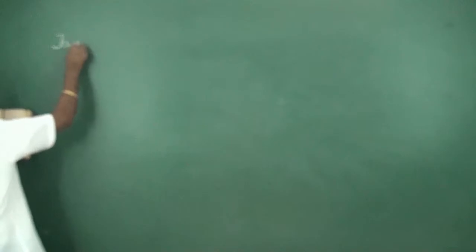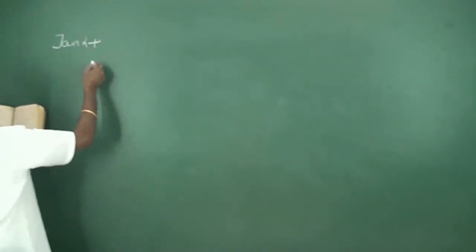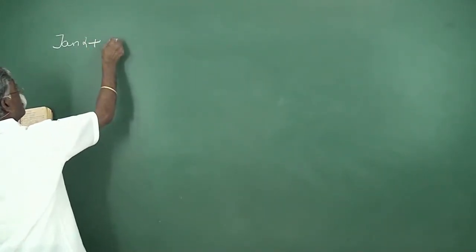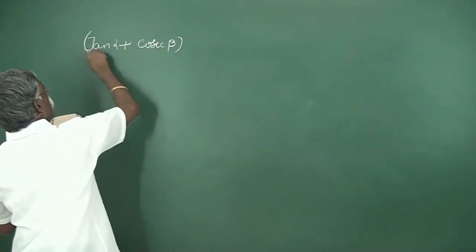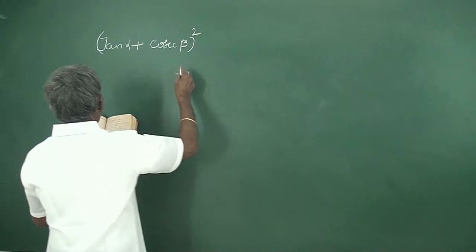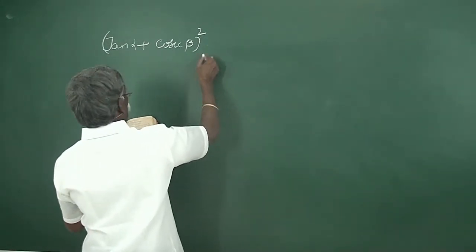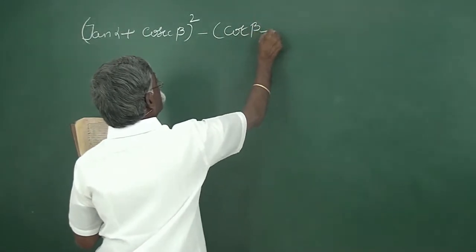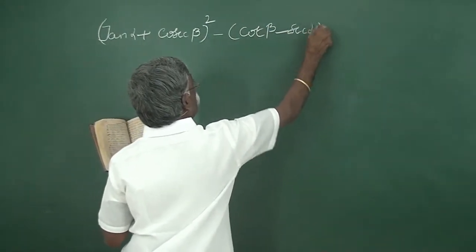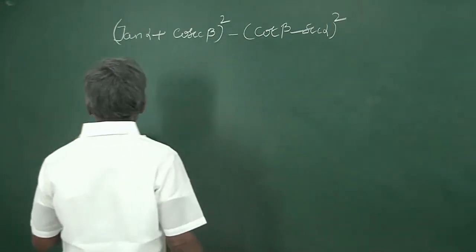Tan alpha plus cosecant beta whole square minus of cot beta minus secant alpha whole square.